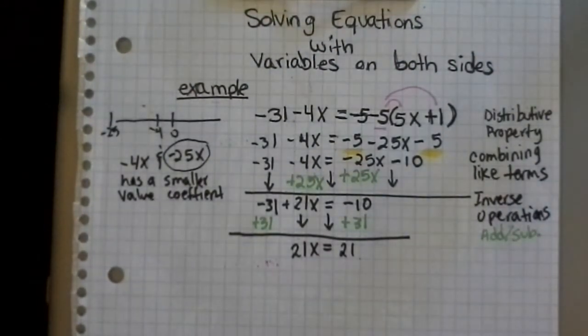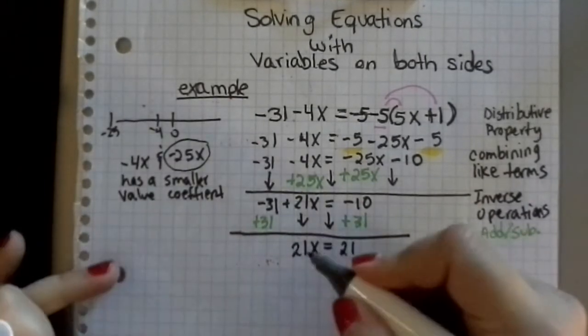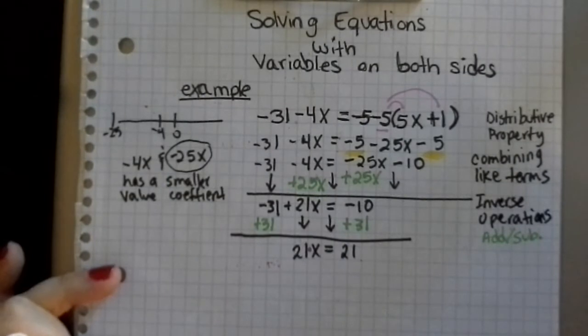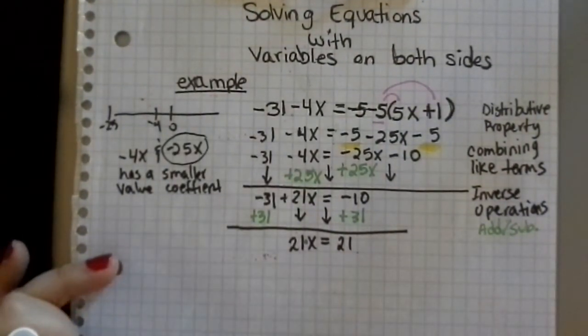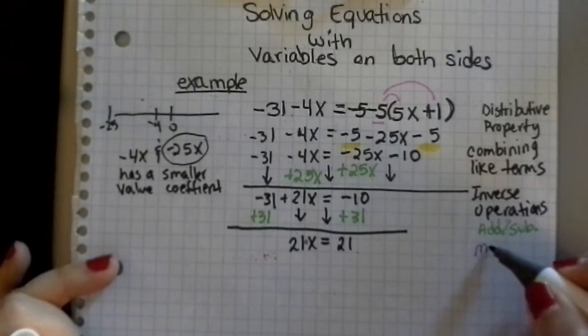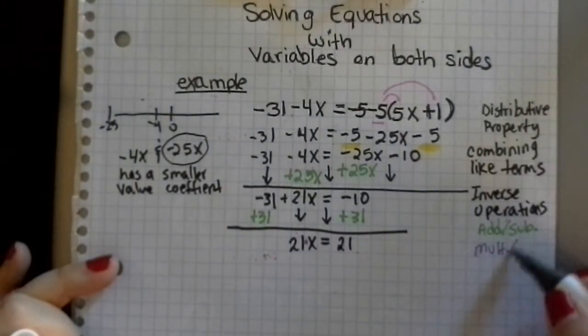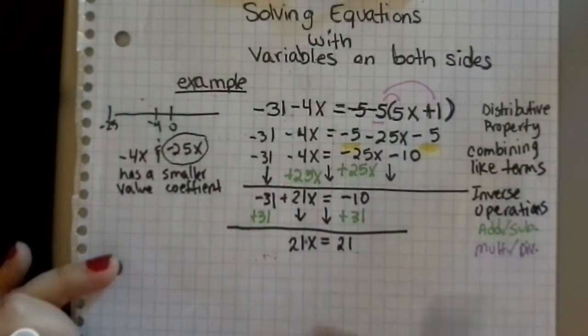The next inverse operation is to do division. Because anytime I have a number in front of a variable, that's multiplication. And so I'm really multiplying x by 21. So the next set of inverse operations are multiplication and division. But since we're multiplying, the inverse is to divide.